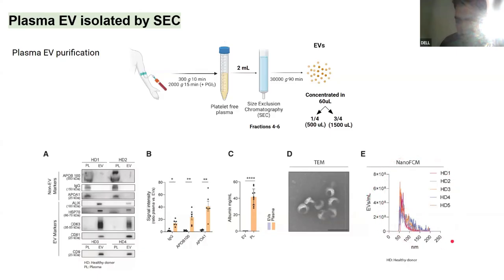If you take the numbers from the nanoflow cytometry, you can exactly calculate the number of EVs that we use in each experiment. Good. Okay, so hopefully that answers Bhuvan's questions.